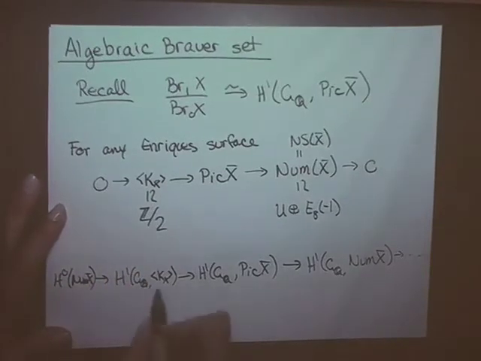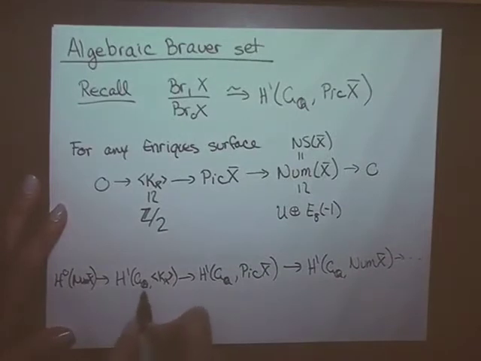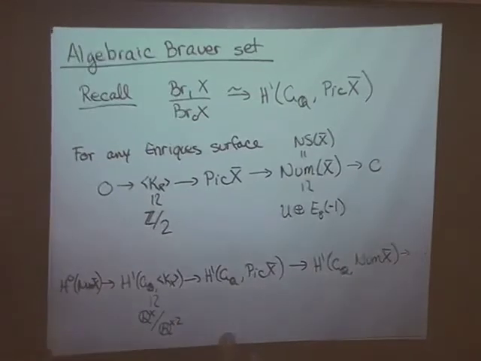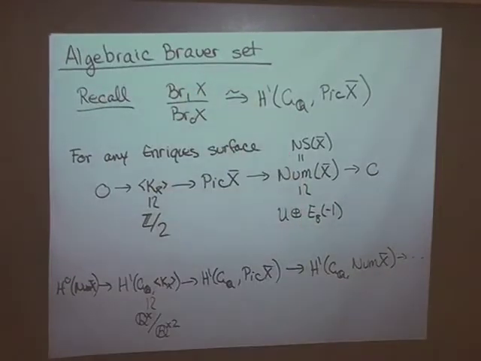Okay, so K_X is isomorphic to Z mod 2, so this is very big. This is Q star mod squares. So whenever you have torsion in your Picard group, you're always going to have an infinite Brauer group mod quotients.